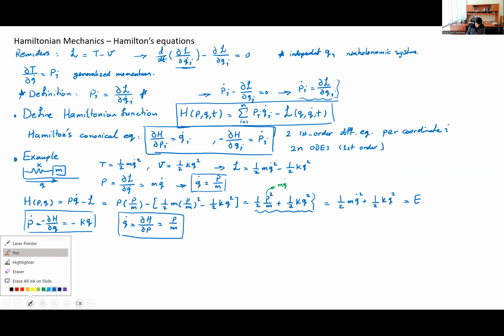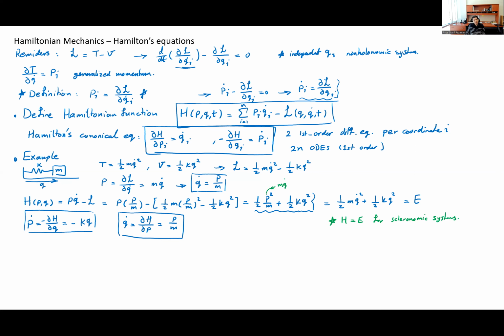So Hamiltonian is always equal to the total energy of the system for scleronomic systems.